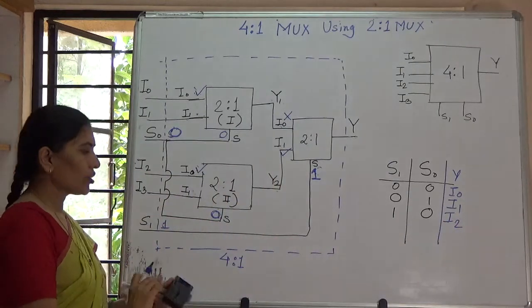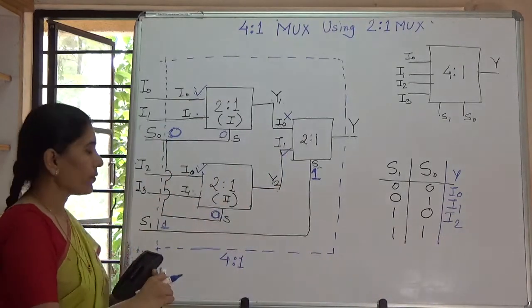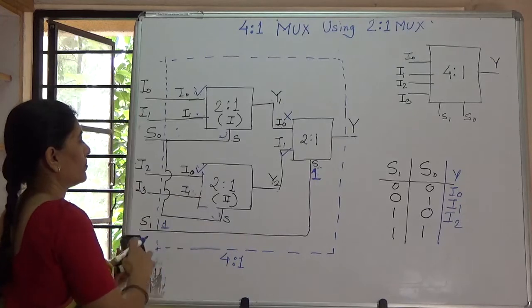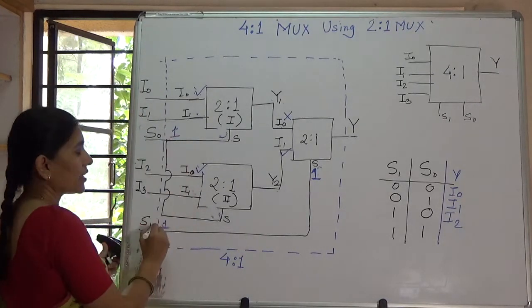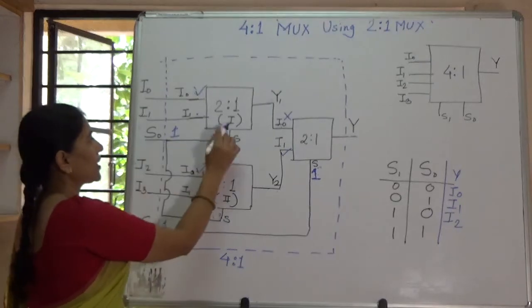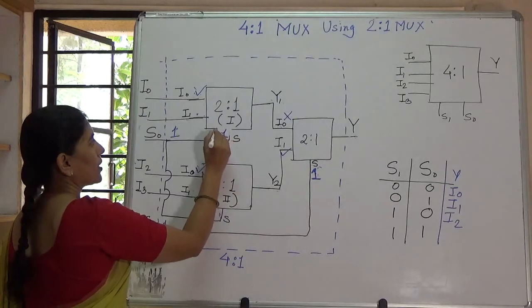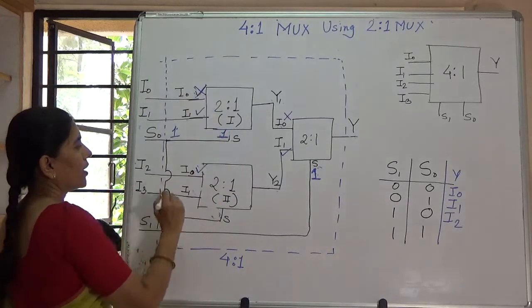And the final combination, that is S1 is a 1 and S0 is also a 1. In that case, S0 is a 1 and S1 is also a 1. Now this S0 becoming a 1 selects the I1 line over here and not the I0 line.